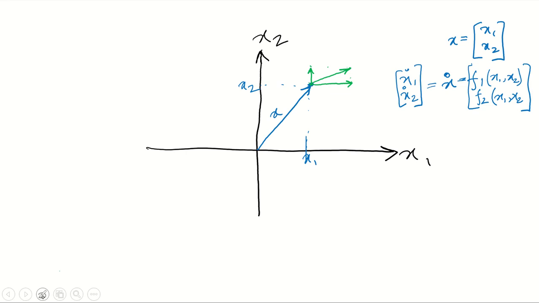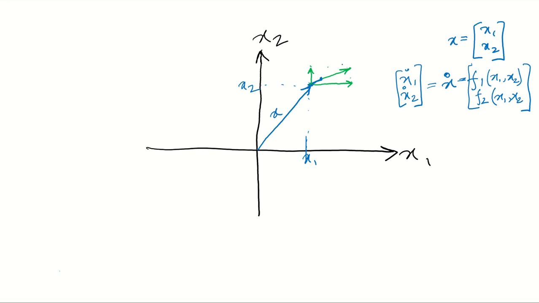You move from this place to here, a very small distance, and immediately when you move here you get another x dot, because the x1, x2 positions have changed. So here you get another velocity direction.